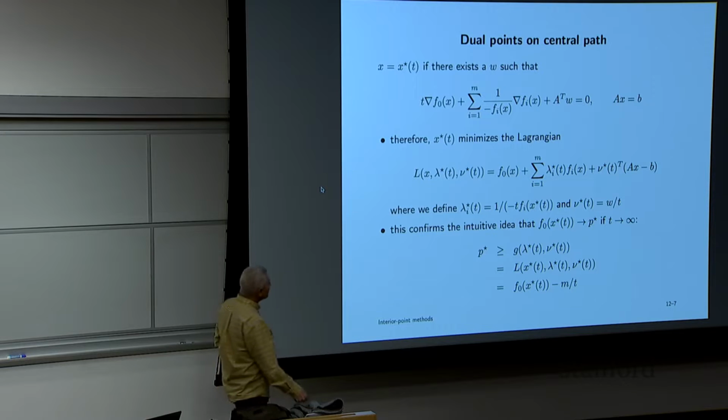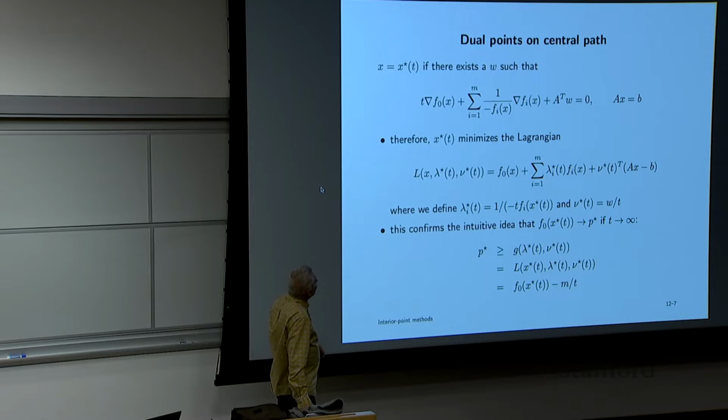But if you stare at this very closely, if I tell you that this is 0, and I look at the coefficients here, I divide by t, right? So that's grad f0. This is 1 over minus t fi of x. That's a positive number because fi of x is less than 0, right? That's required here.